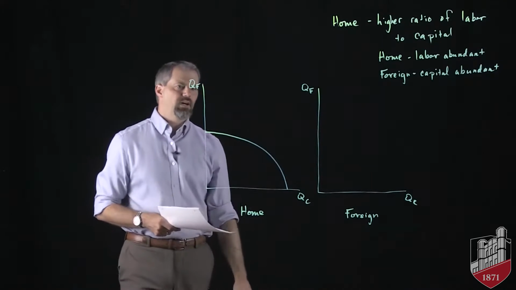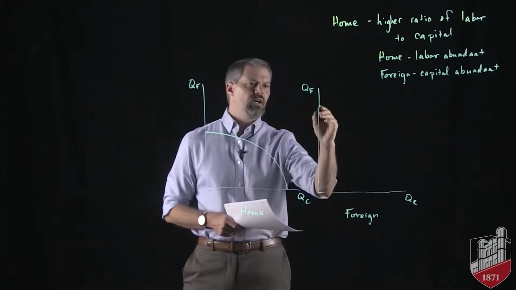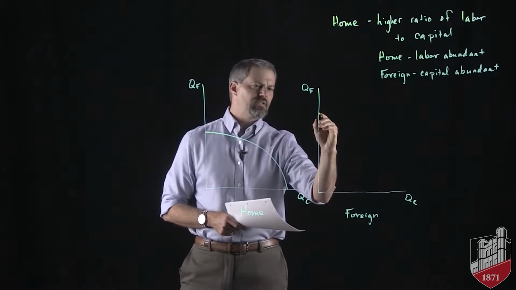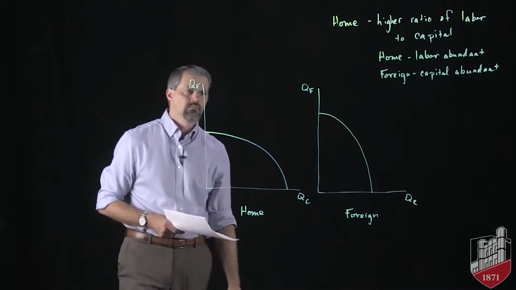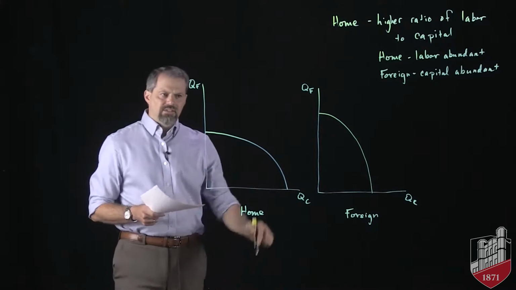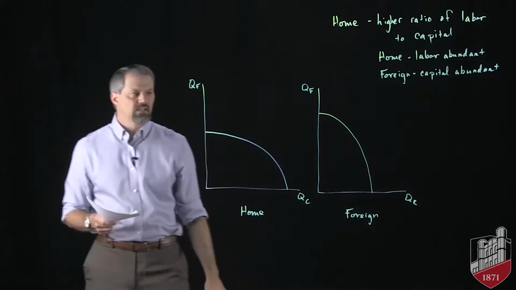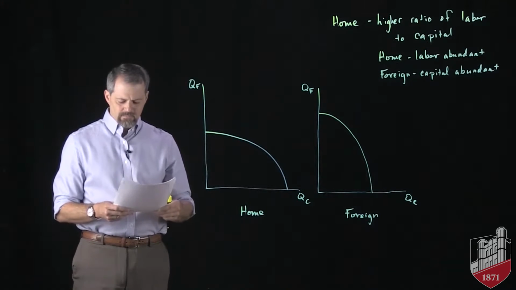Foreign is capital abundant, so its production possibilities frontier is going to be pushed up in the direction of the good that is capital intensive. So its production possibilities frontier is going to look something like this. And it's this difference between the production possibilities frontiers that creates an opportunity for them to trade.